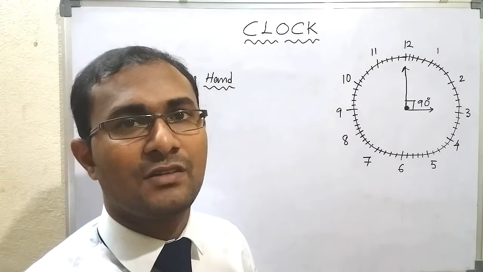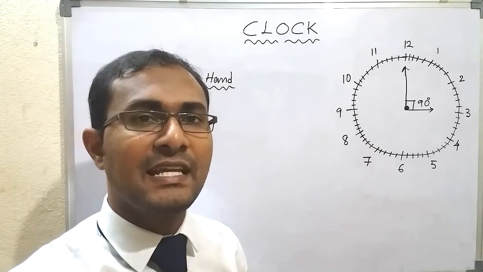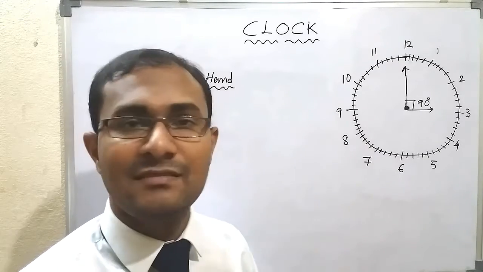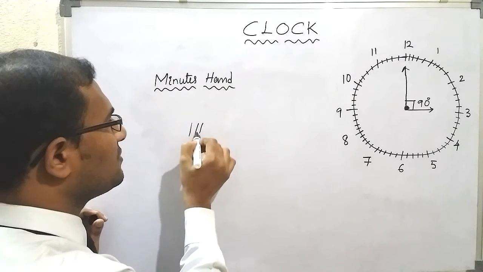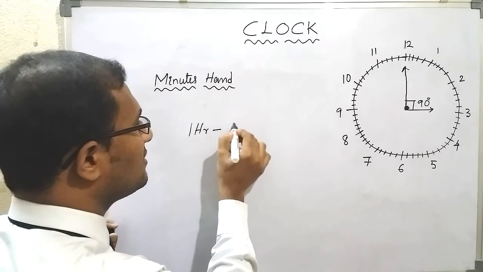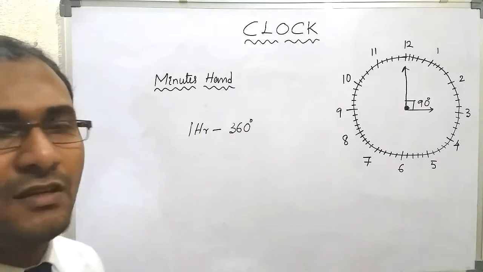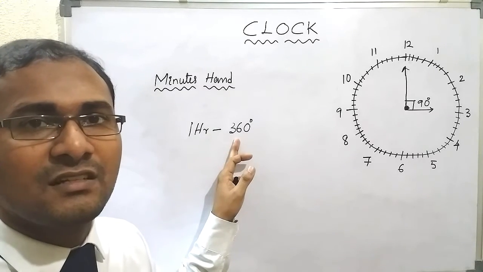After every 1 hour. So by covering 360 degrees, for every 1 hour the minutes hand covers 360 degrees.